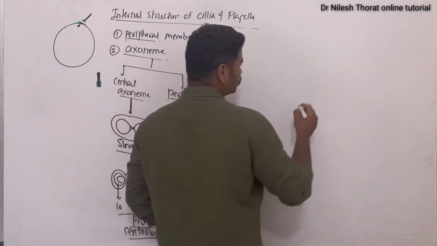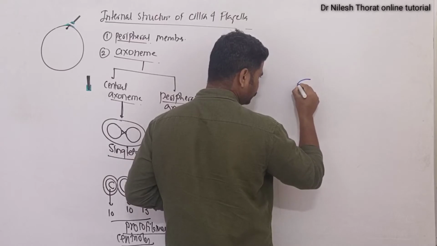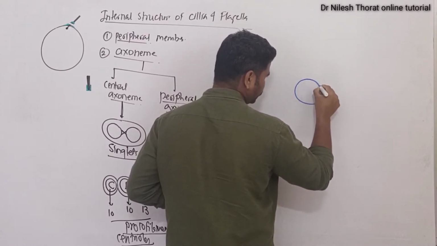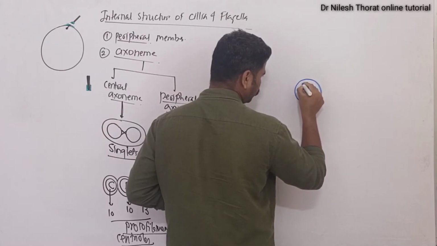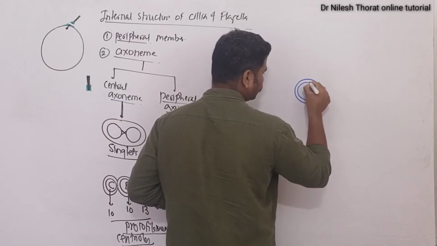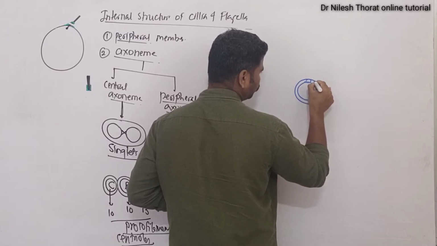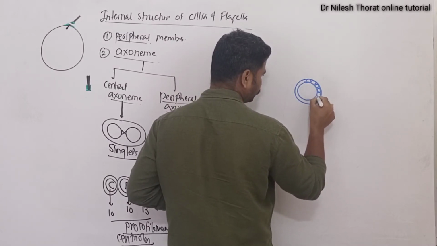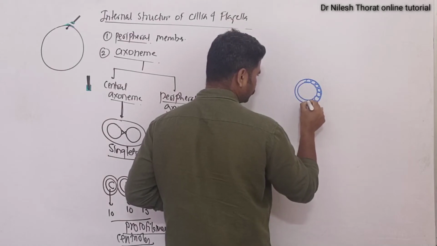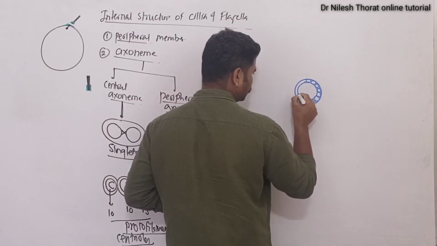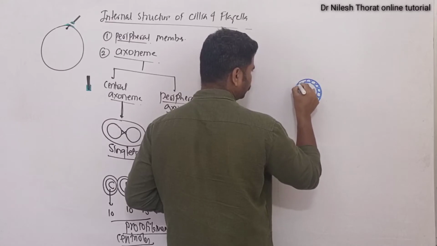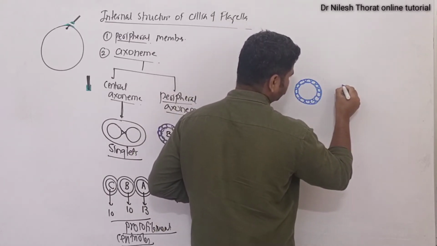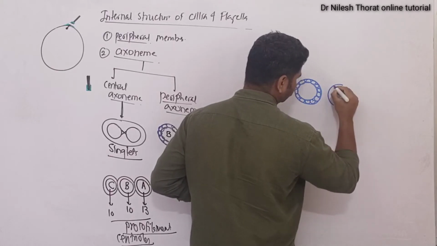For the internal structure, we have to first draw two central singlets. These central singlets are also hollow structures which are made up of 13 protofilaments: 1, 2, 3, 4, 5, 6, 7, 8, 9, 10, 11, 12 and 13. So this is another singlet.